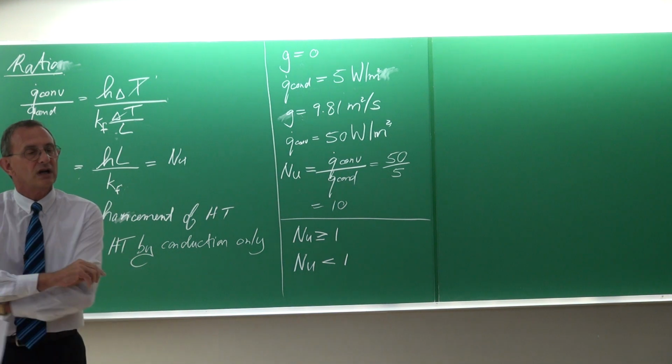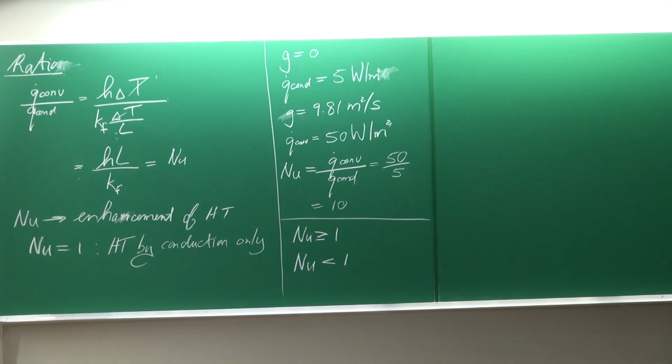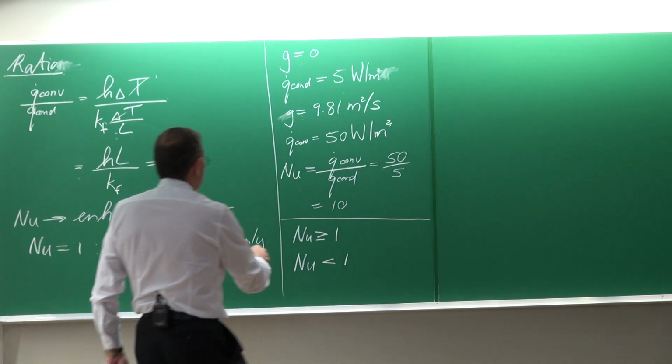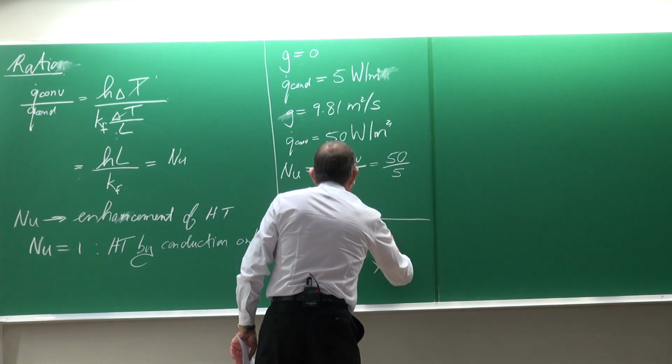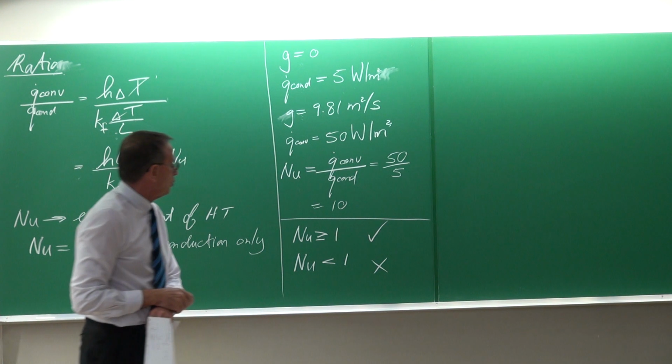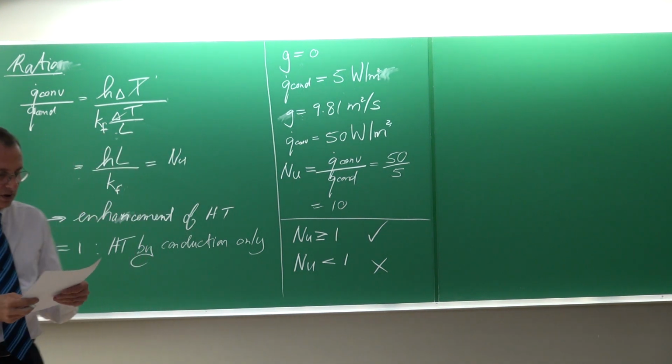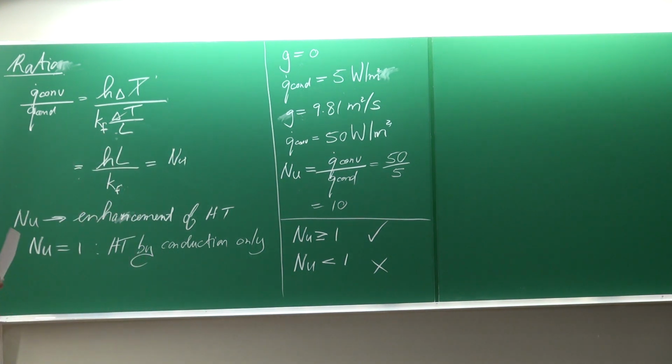If you do a calculation and you get a Nusselt number of less than 1, then you must know you've made a calculation error. So Nusselt numbers smaller than 1 can never occur. The Nusselt numbers are always equal or larger than 1. Equal to 1 means the heat transfer is by conduction only.